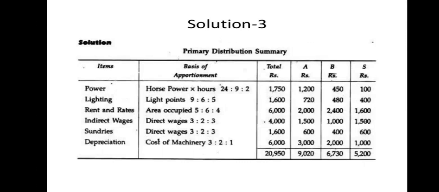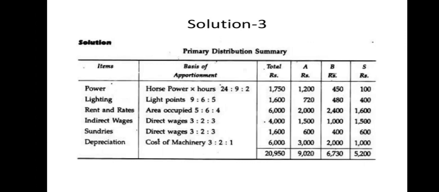Total overheads are 1600, so 600, 400, 600. Depreciation, apportionment should be on the basis of the machine value. So it will be 3 is to 2 is to 1. Total value is 6000. Apportionment 3000, 2000 and 1000.